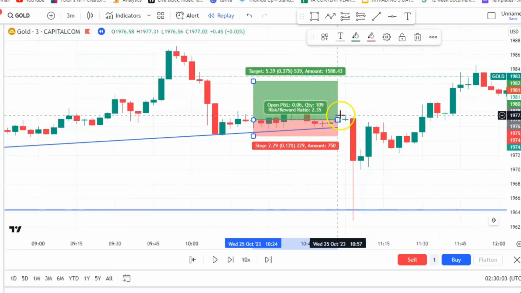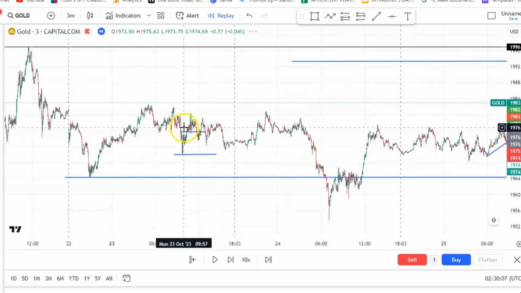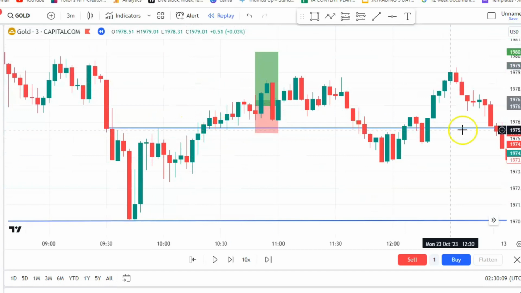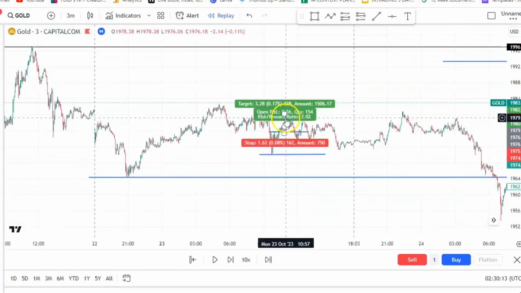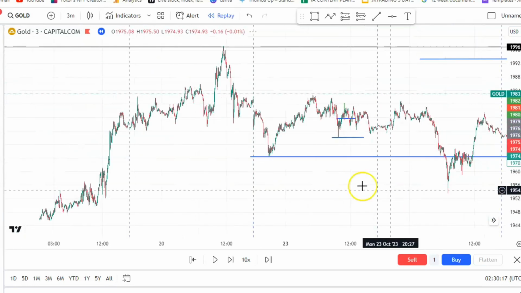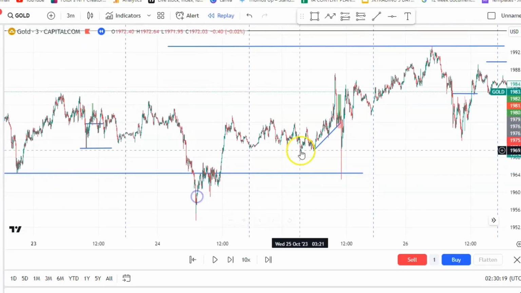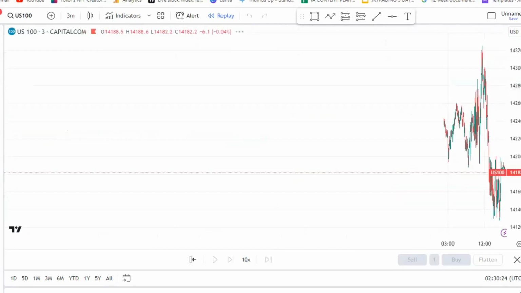So around there, we got out at break even. On this move, we got out at break even. So yeah, basically gold last week, if I traded gold the whole week, that is my results.